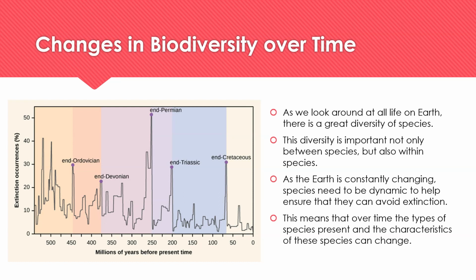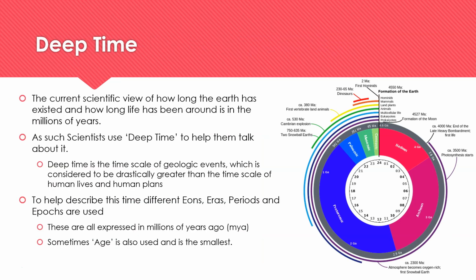And you can see there's certain key spikes where there's been high levels of extinction, and these are normally what we call extinction events. But you can see there's obviously going to be significant change in what species are present on Earth. If you have points in time where suddenly 50% of all species go extinct, well, what's left? What was there? These are questions that we're going to hopefully address and look at the thinking around.